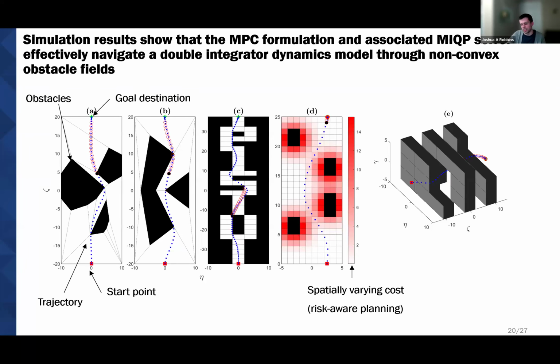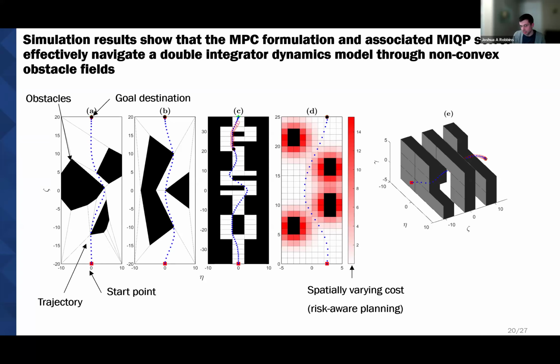At each time step of the simulation, we're solving a mixed integer quadratic program to generate the motion plan. That motion plan is being represented by these red circles here. And then the actual trajectory taken by the system is given by the blue dots. So you can see that the MPC formulation and solver are able to navigate the double integrator model through the non-convex obstacle free space.